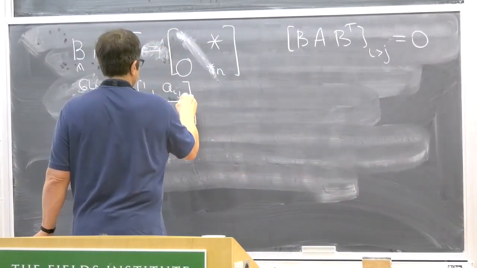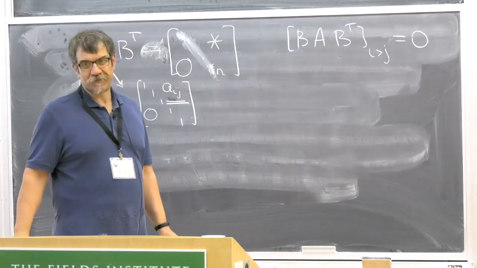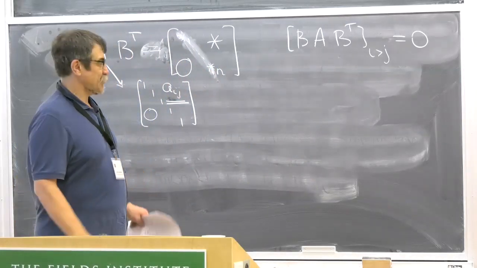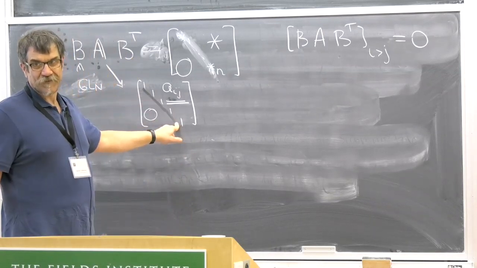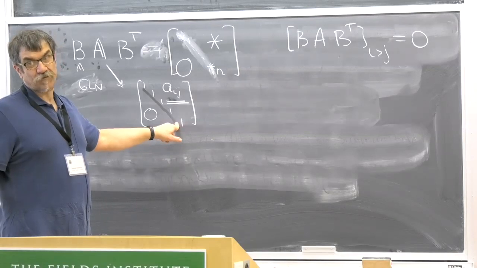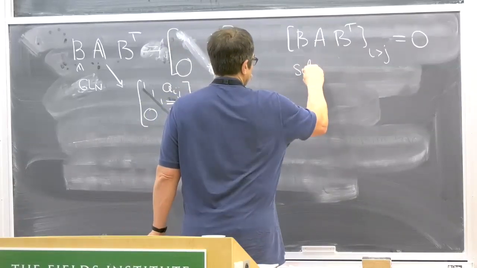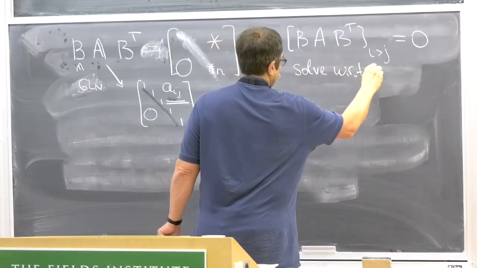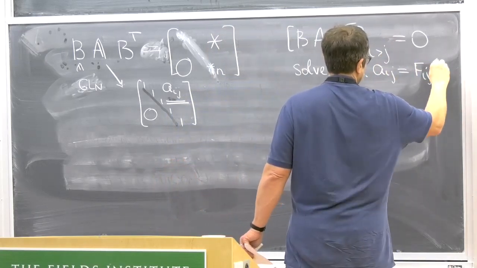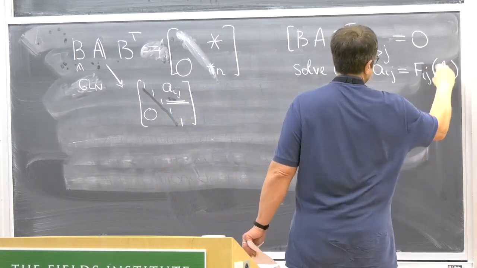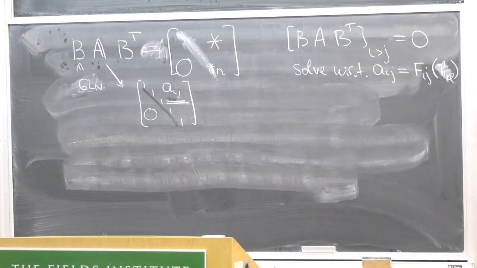And you see that we have as many A's here as the number of these equations. And it is inhomogeneous because we have these units. So we can actually solve it with respect to A. We can write that A_ij are some functions f of the matrix elements of the matrix B.